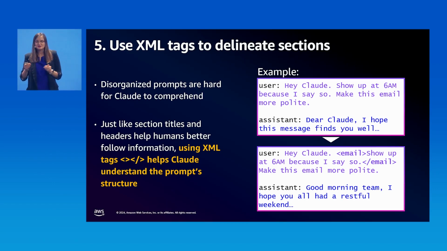to have the structure. If we look into the example of us willing to write an email, if we are the person that should ask our team to show up at an early time of the day, like 6 a.m., and draft this email in some formal response, if we just throw this into the model in this form of, well, just show up at 6 a.m. because I say so, the model can sometimes misjudge and not understand that we are actually speaking about the email that we would like to send to our team, and it will start responding as if it was sent to it.